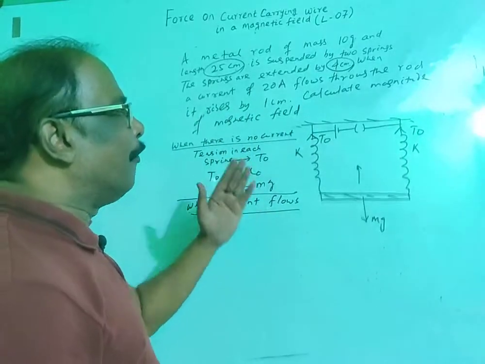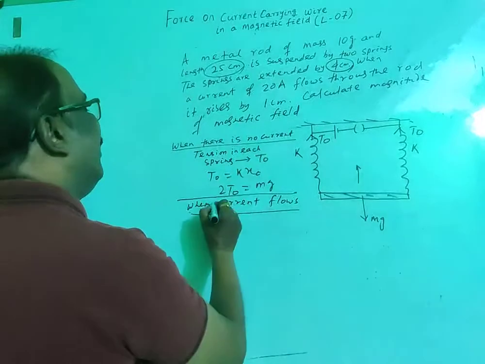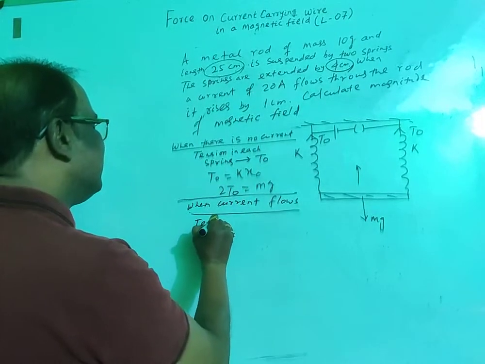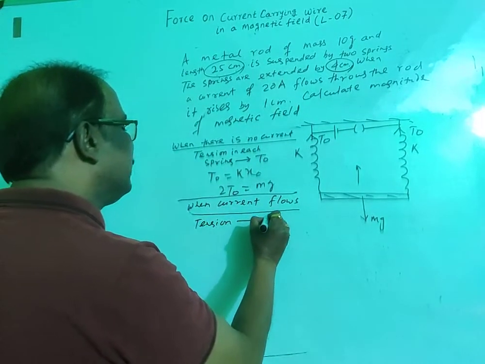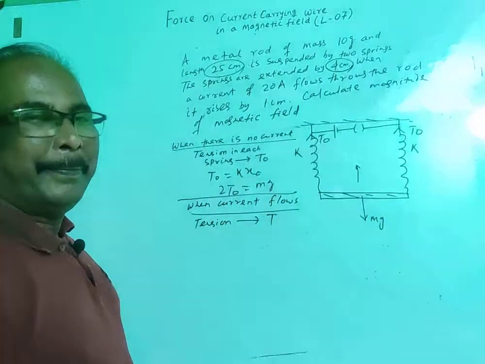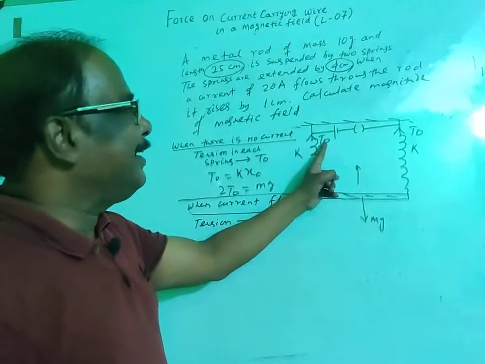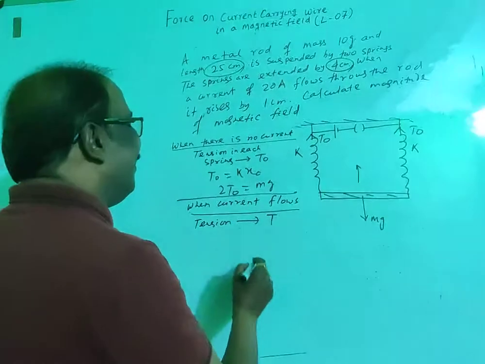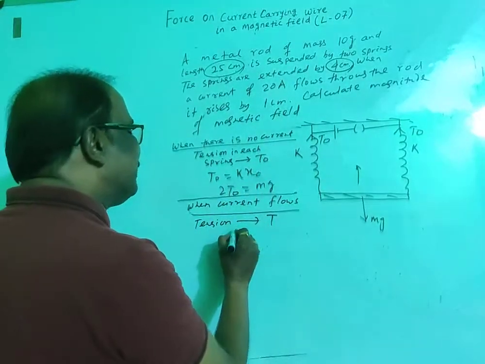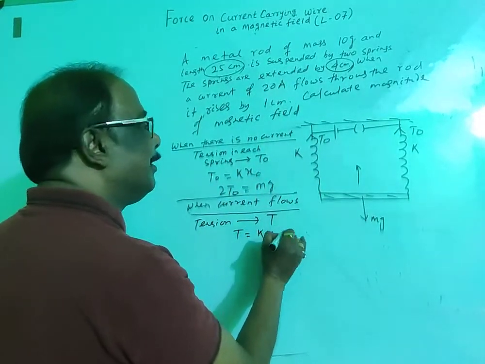When current flows, let the tension in the spring be T. Previously tension was T0, now tension is T. Let the elongation be x, and T is equal to kx.